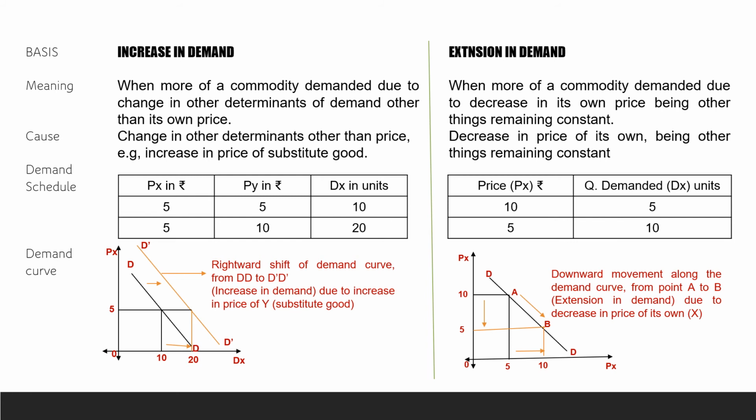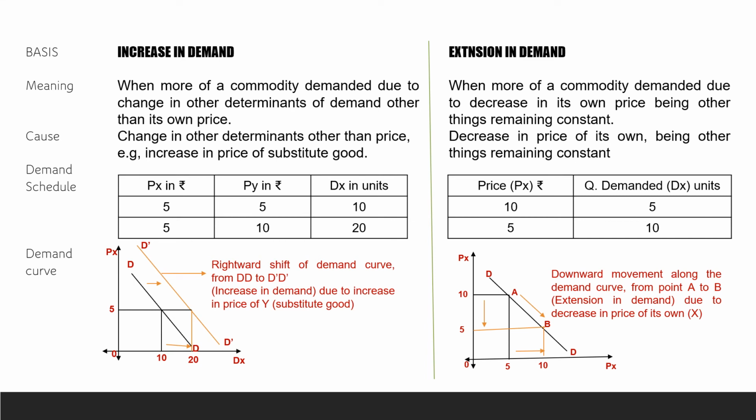So it will be easy for us to differentiate the increase in demand, extension in demand, decrease in demand, or contraction in demand if we know the change in demand and change in quantity demanded. Change in quantity demanded is of 2 types, extension and contraction, and change in demand is of 2 types, increase in demand and decrease in demand.